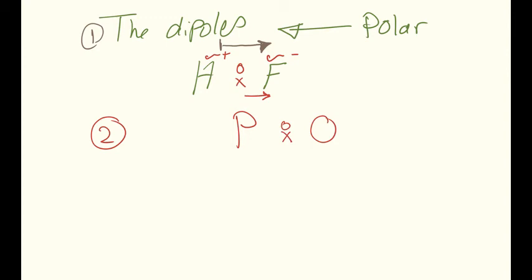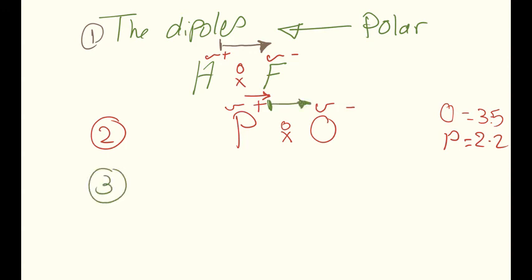By looking up the values, O has a value of 3.5, while P has a value of 2.2. So O is more electronegative and will acquire a partial negative charge. P will be partially positive, and finally you will draw the dipole from P to O.